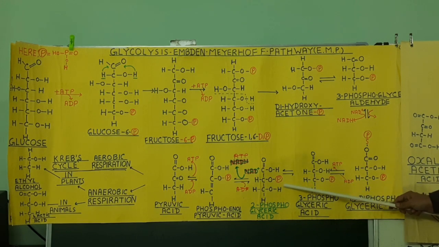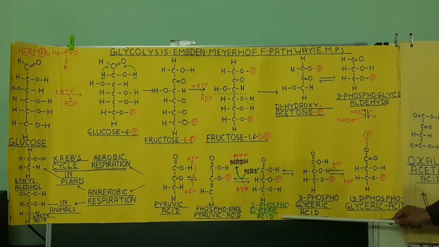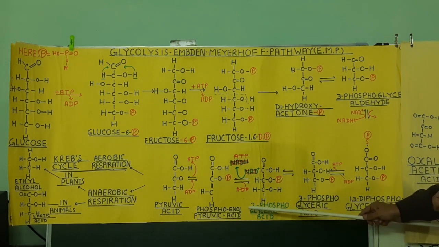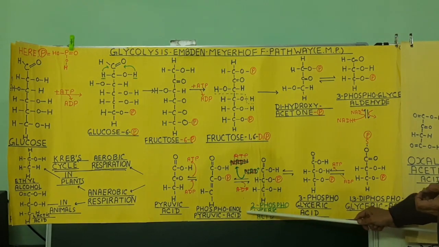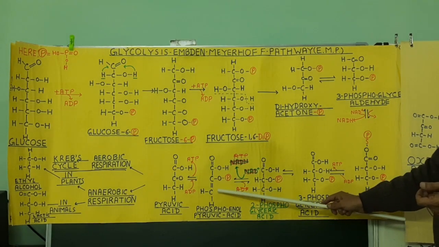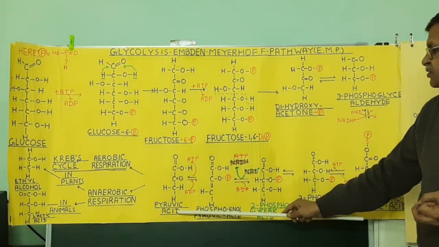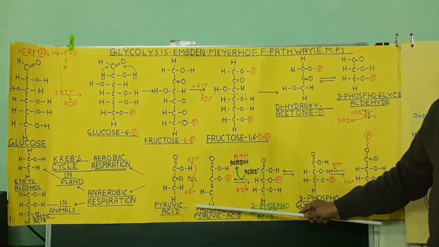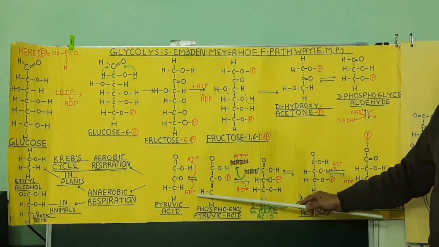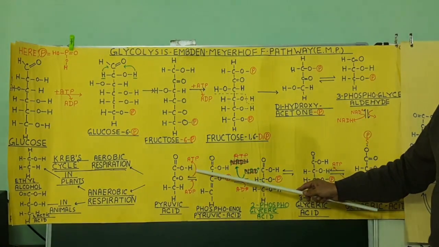Second, 3-phosphoglyceric acid is isomerized into 2-phosphoglyceric acid. It changes into phosphoenol pyruvic acid, and here again, in between phosphoenol pyruvic acid to pyruvic acid, a substrate level phosphorylation takes place where only 1 ATP is formed.